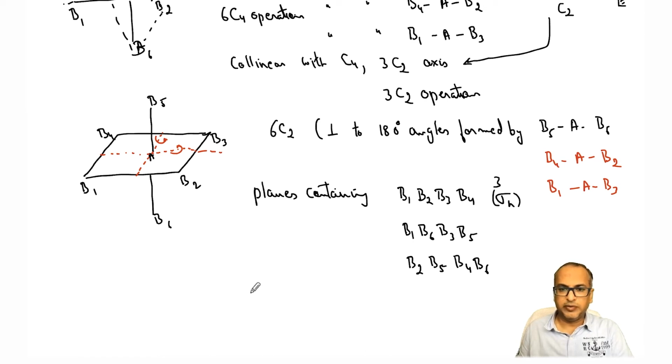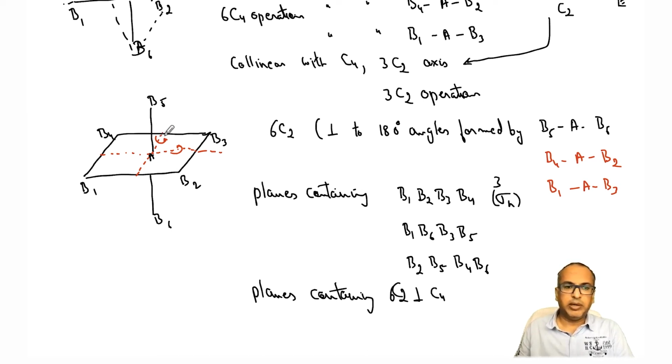So 3 sigma H. Then there will be planes containing the 6 C2s perpendicular to the C4s. Now these are the 6 C2s present. So for example, for this C2, there will be a plane containing this C2, and a plane containing that C2. Basically, these are the planes dividing these planes.